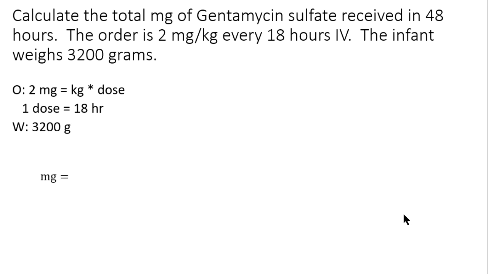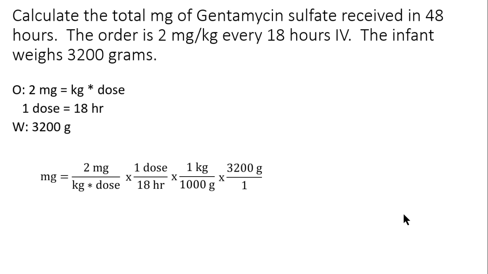So we're going to write milligrams equals. Since we want those on top, we write 2 milligrams over kilogram per dose. We want to cancel out the doses, so we multiply times 1 dose over 18 hours. Then we want to get rid of the kilograms. Since our weight is in grams, we use a conversion factor of 1 kilogram over 1,000 grams.